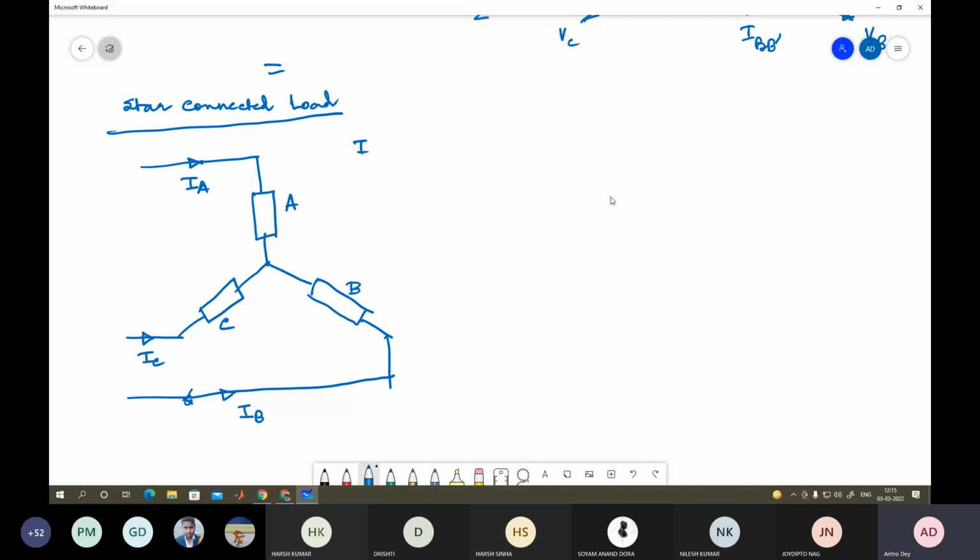So IA equal to IB equal to IC, that is equal to line current, and that is equal to phase current here, right? Agree? This is one relation. And if you have the phase voltage, which is VA here, then VA is equal to VL by root 3, isn't it? Where VL is the line to line voltage.